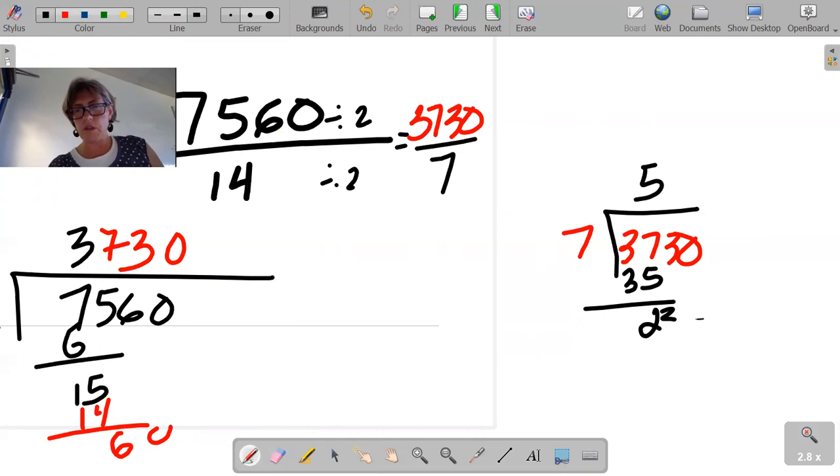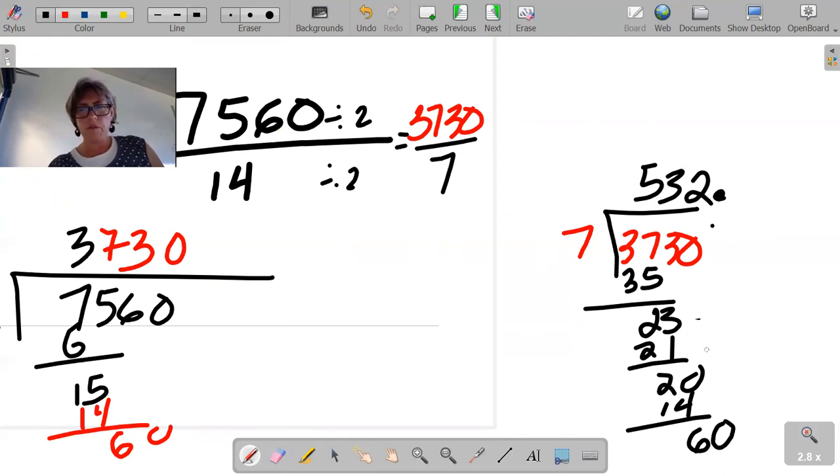Ready? That's 23. 3 times 7 is 21. Bring down the 0. And 3 goes in there 2 times. Only twice. I have a 6. Bring down a decimal. 0. 7 goes in there.